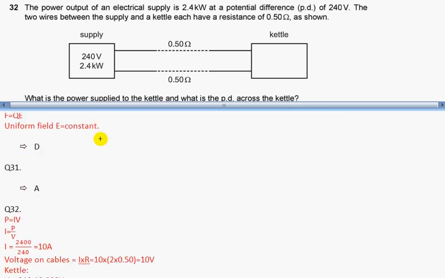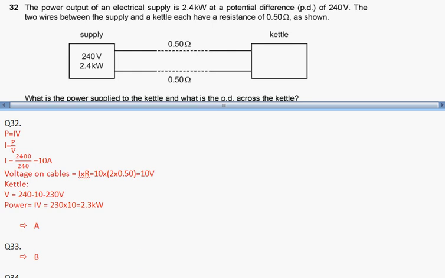Question 32. The power output of the electrical supply is given, with its potential difference. The two wires between the supply and the kettle each have a resistance as shown. What is the power supplied to the kettle and what is the potential difference across the kettle? We know the voltage and we can find the current, because power equals current times voltage, so the current flowing through this circuit will be power divided by voltage.